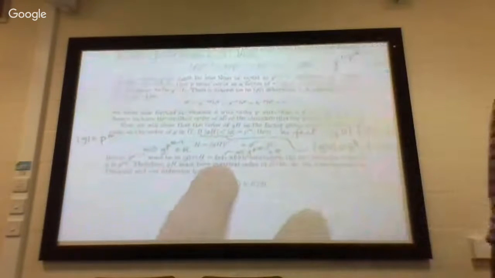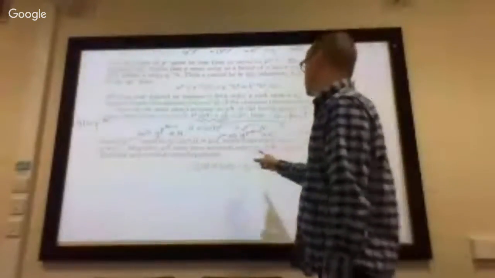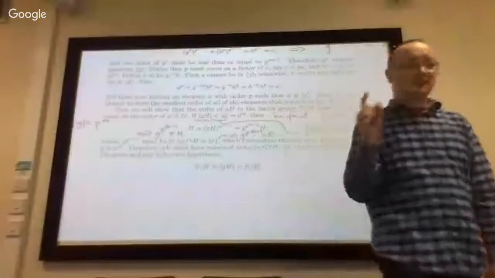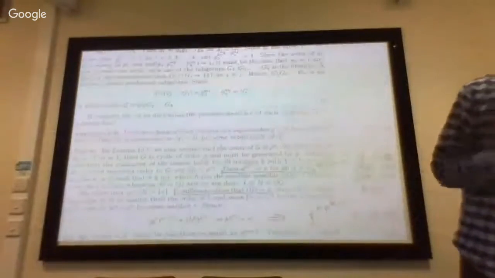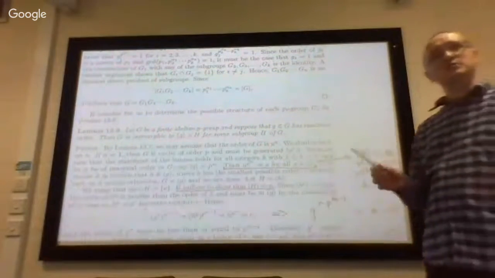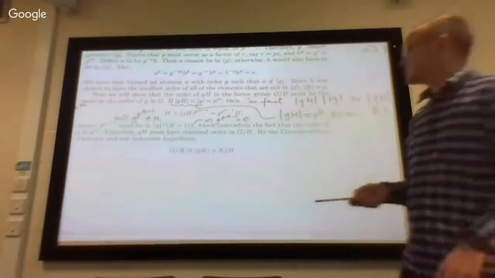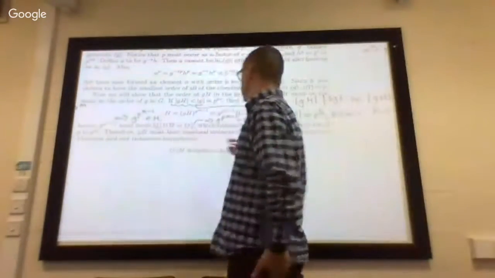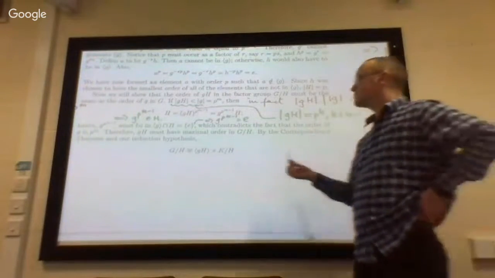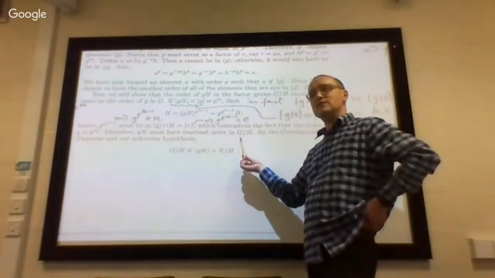So the order of GH is p to the m. But remember, this element little g was very special. It had maximal order in G. So here we have a coset GH in the factor group, which has order p to the m. But that has to be a maximal order in the factor group here.